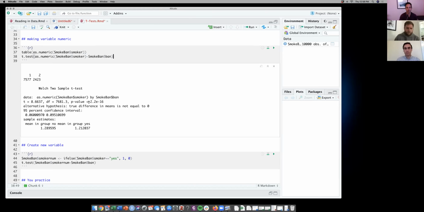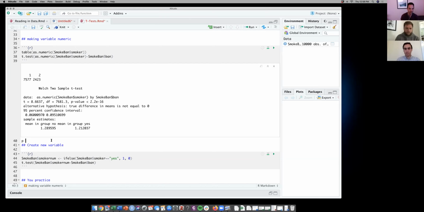And here it's being written in scientific notation, which can make it a little bit confusing. This is 0.2 with 16 zeros in front of it. And if the value is less than 0.05, we generally regard it as statistically significant. A 2 with 16 zeros, I can write that out.